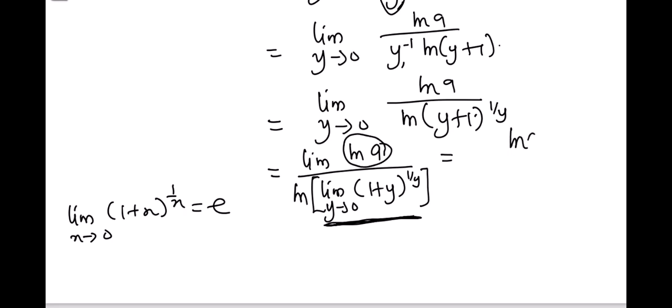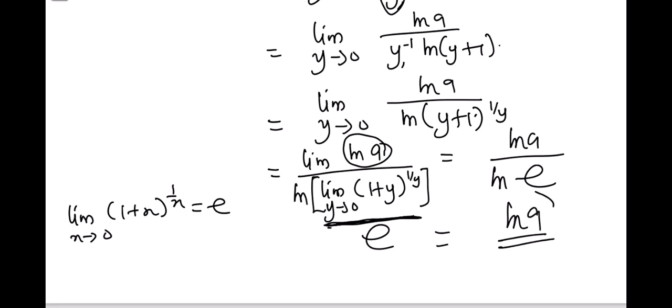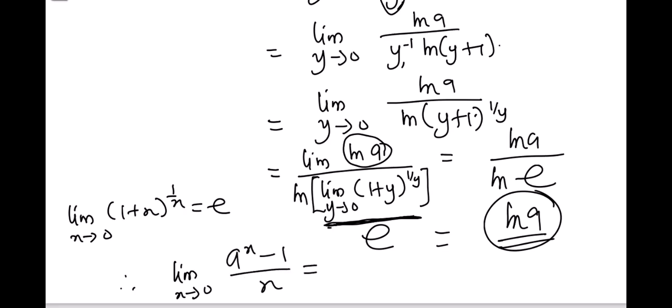So that's just ln a all over ln e, because the whole of this is now e. And this will imply that we have ln a as our final answer. So therefore the limit as x approaches 0 of a^x minus 1 all over x is equal to ln a.